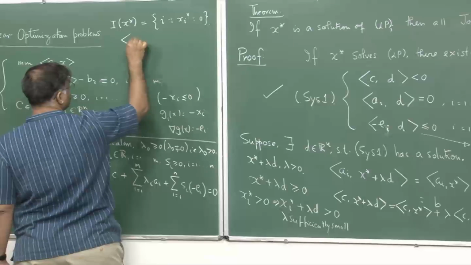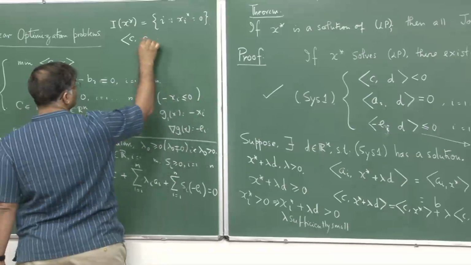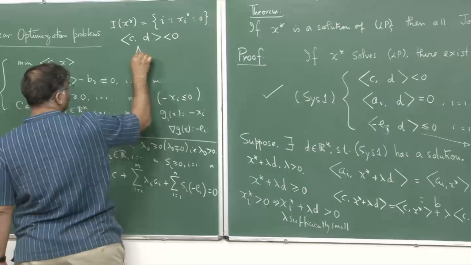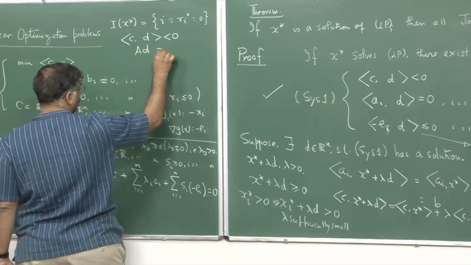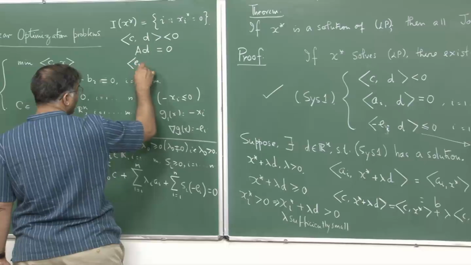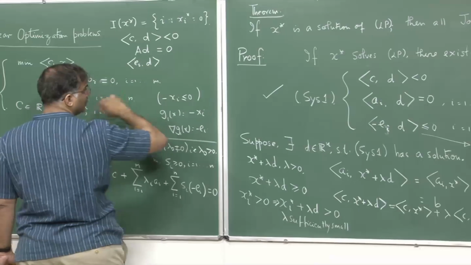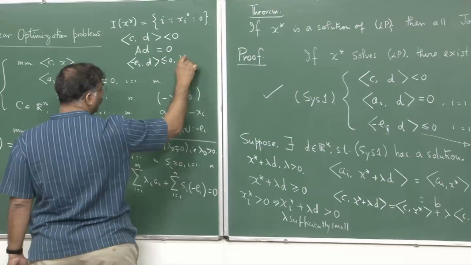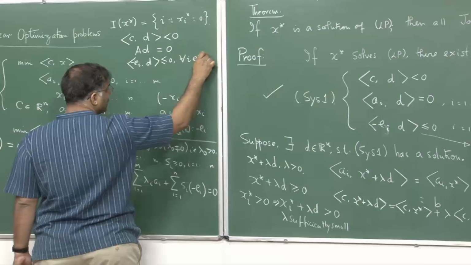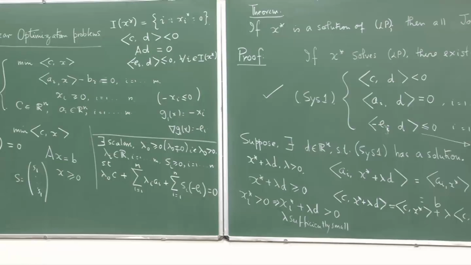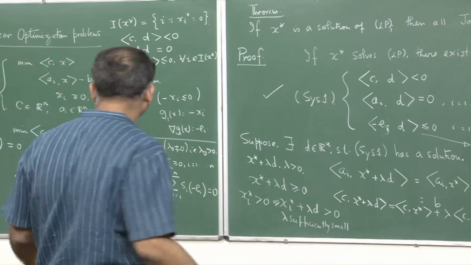The same story, I am now going to write it in a much more compact way, because you are now much more familiar. Now, I would only consider minus ei d less than or equal to 0, for all i in the active index set. Now, if I do that, I can actually prove this fact.